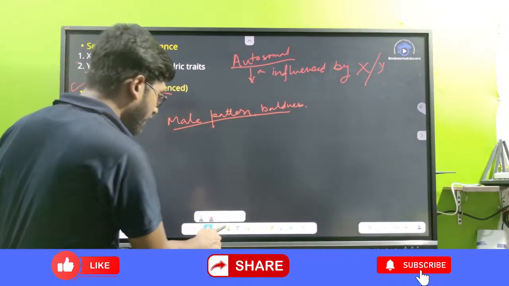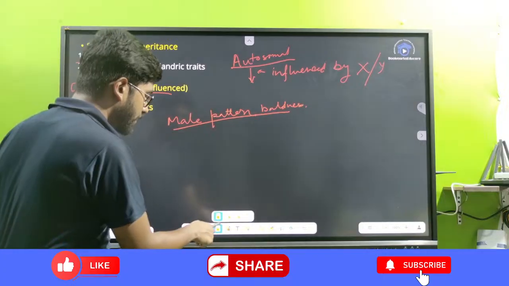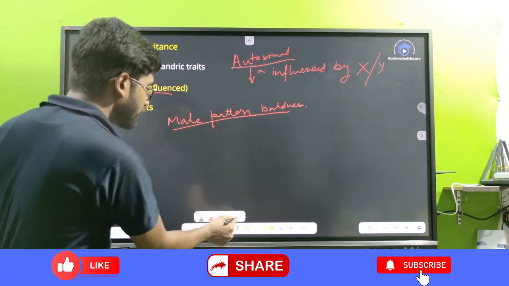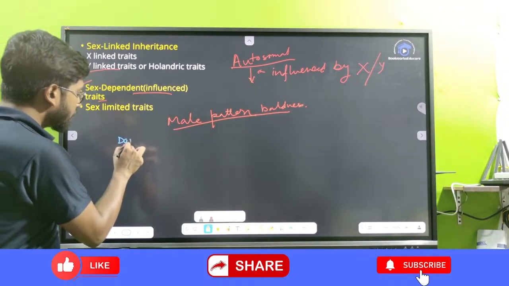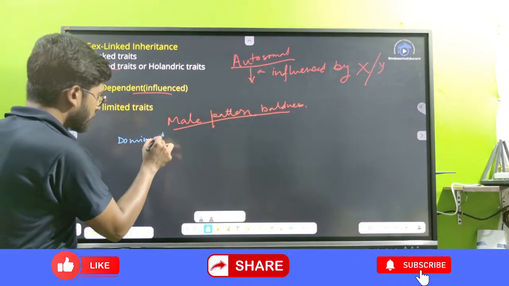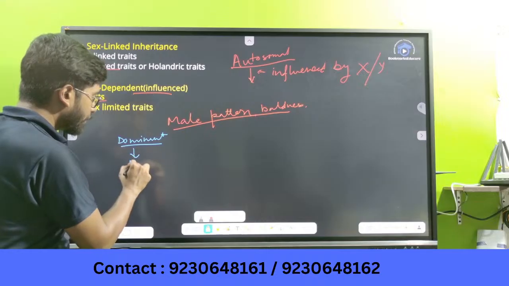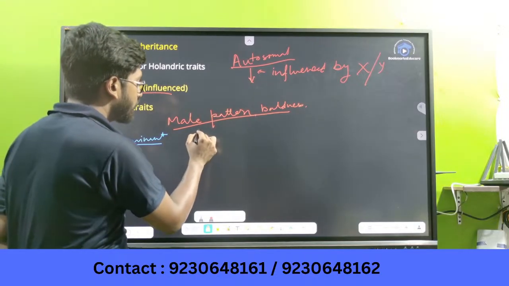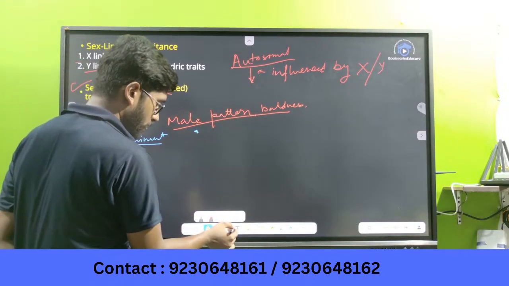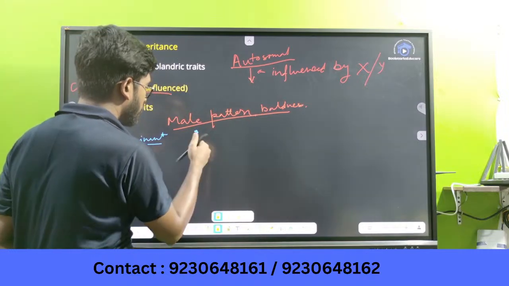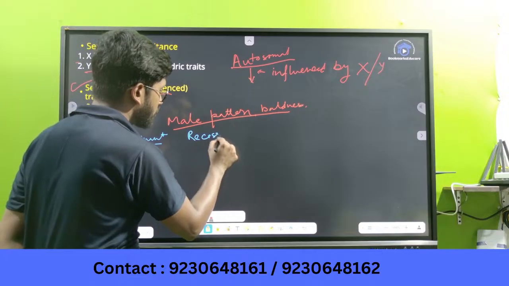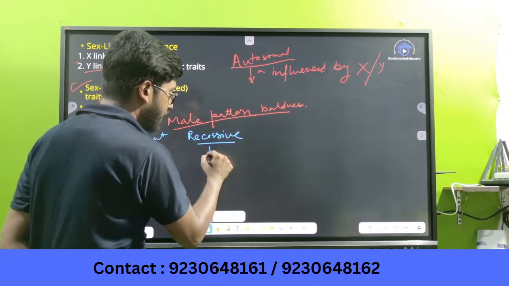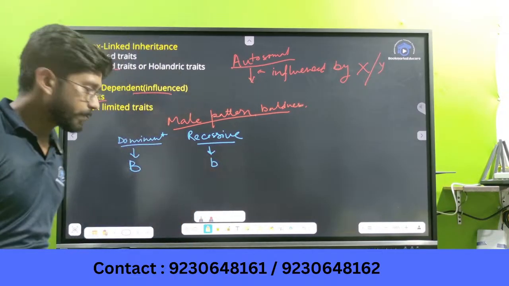For that we have to know the characteristics of male pattern baldness. The dominant gene is capital B and the recessive, sorry, I forgot the spelling of recessive, the recessive characteristic is small b.